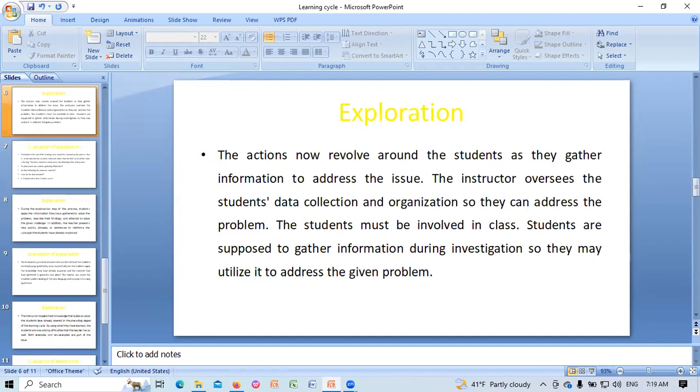The instructor oversees the students' data collection and organization, so they can address the problem. The students must be involved in class. Students gather information during investigation so they may utilize it to address the given problem.